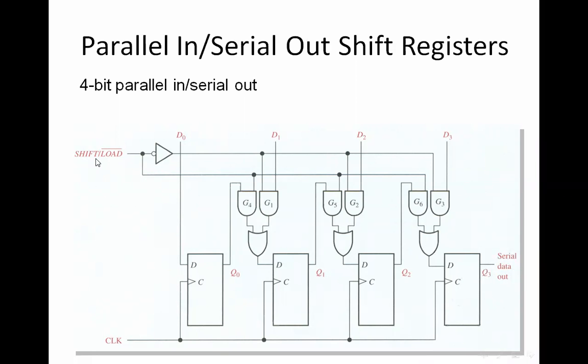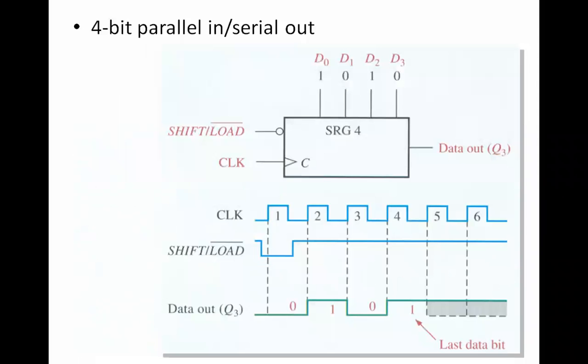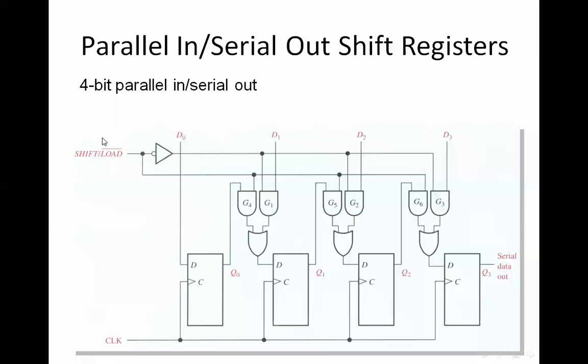Here also, if I give a higher value, then it's going to shift. If I give a lower value, then it is going to load the value. So let's say I give 0, so this is going to get complemented, which means all these are going to be high. This line is going to be high.